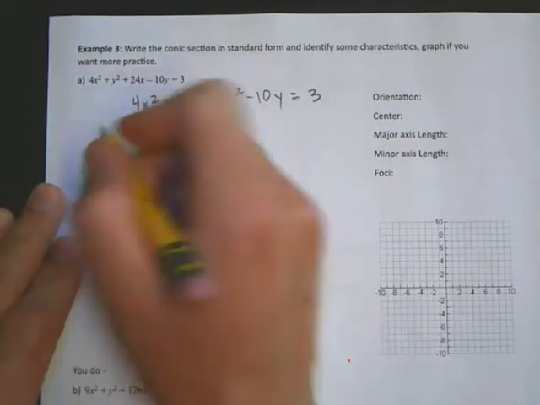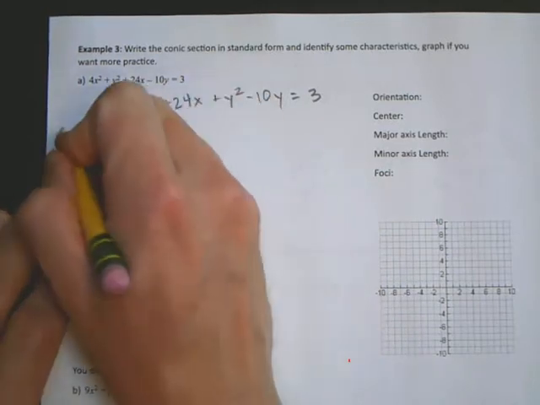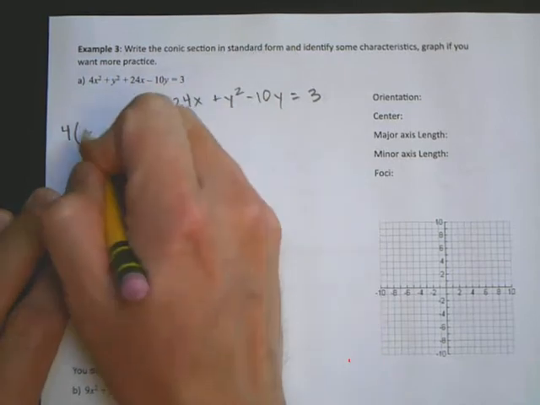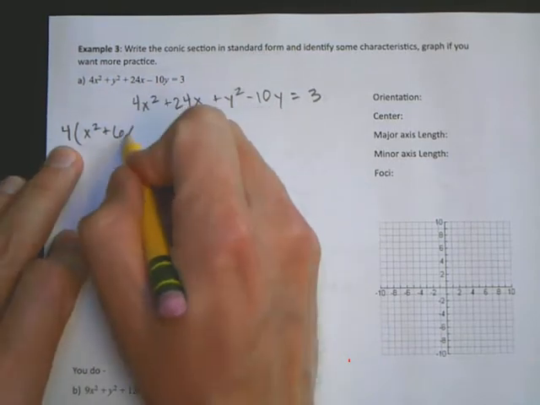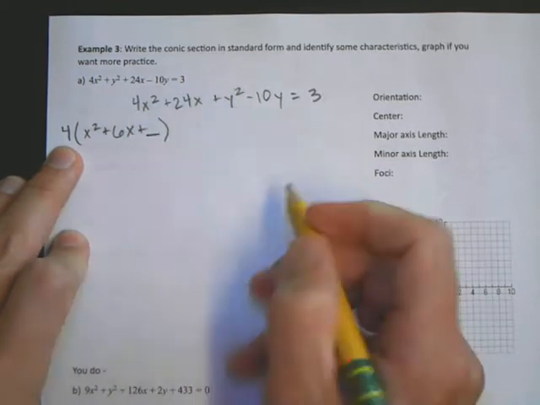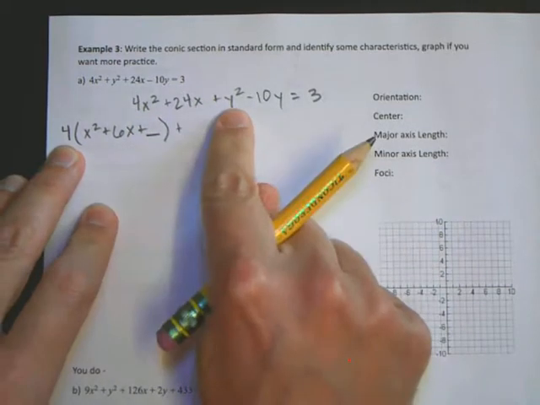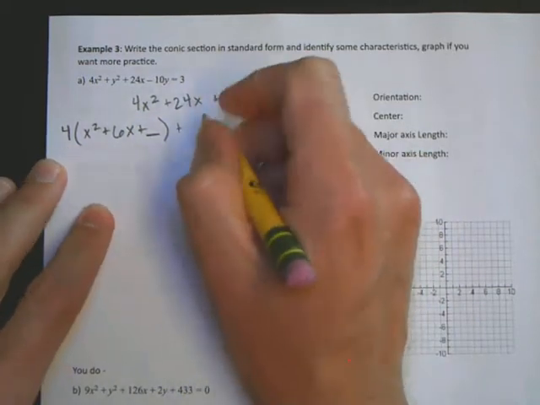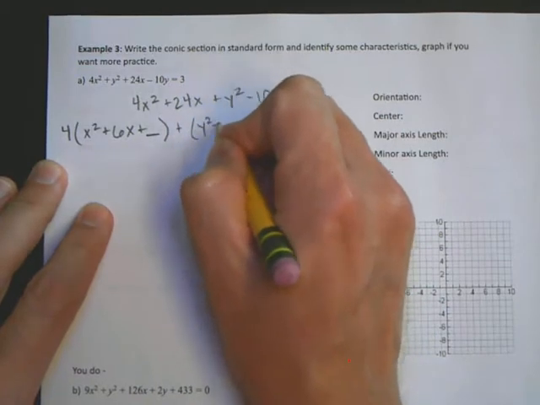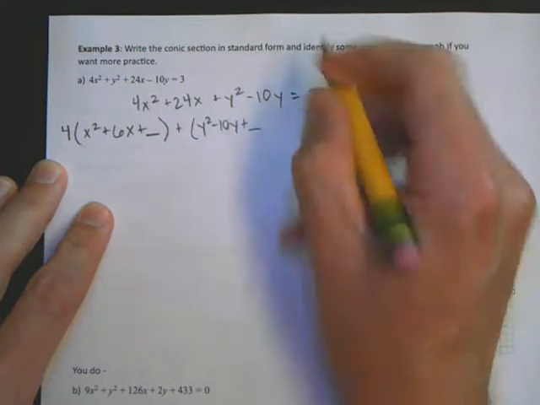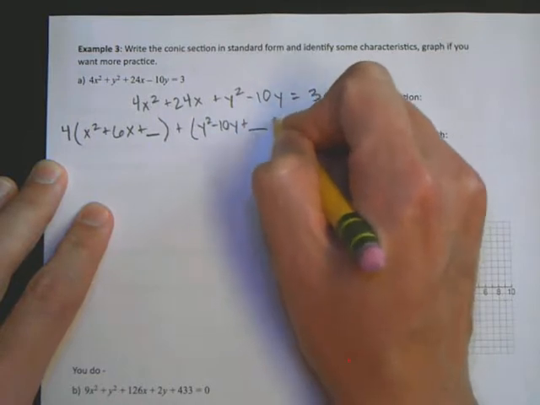4 parentheses x squared plus 6x, because 24 divided by 4 is 6, plus space, plus. This one doesn't have an A, so it doesn't require one. I'm going to use parentheses just so I can see it the same. y squared minus 10y plus space, close parentheses, equals 3.